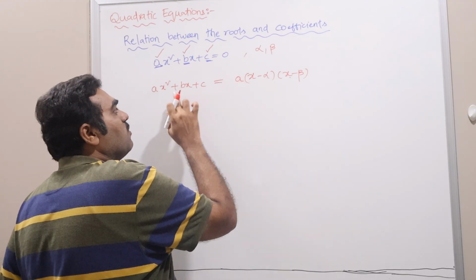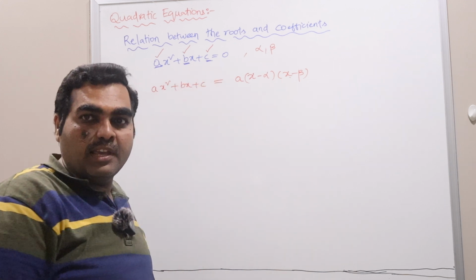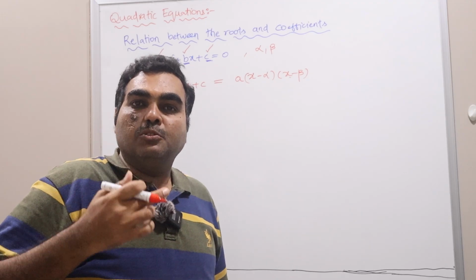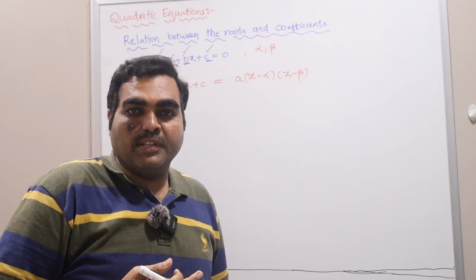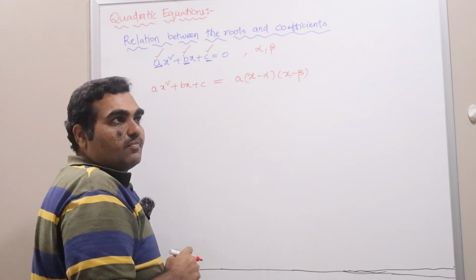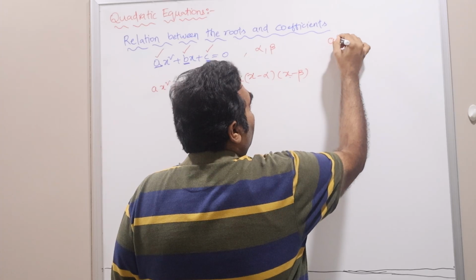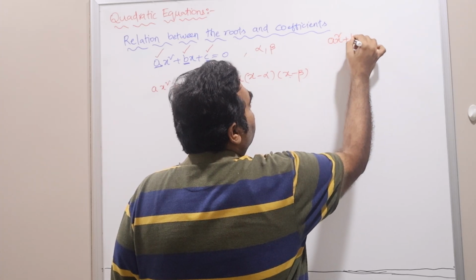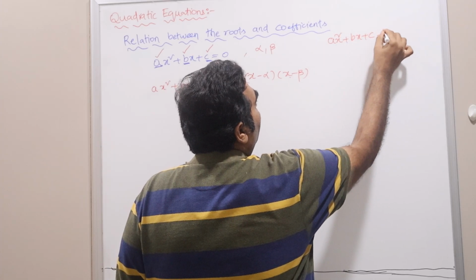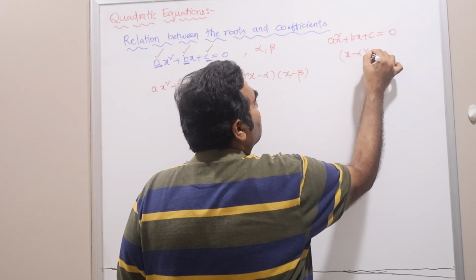Whenever you are representing f of x, the quadratic expression itself, and I'm not talking about the quadratic equation, my dears, then you should not miss A. If you are representing the equation itself, then you can skip it.